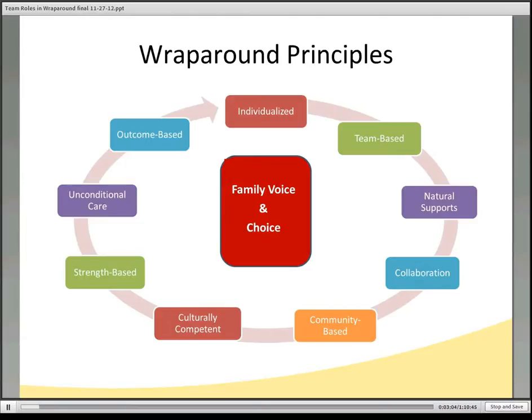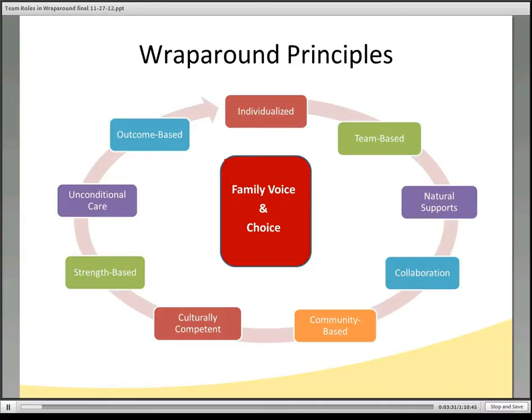So team-based includes the family, formal and informal support, service providers that are involved in the family's life, and everyone coming together as a cohesive team and really working to develop, implement, and evaluate the individualized plan of care and coming to agreement or coming to consensus.